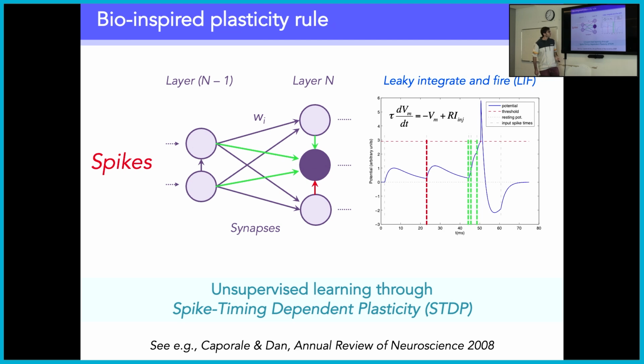Sometimes, when different spikes come together to the neuron, the membrane potential accumulates up to a threshold value, given here by the dotted red line. In this case, because the threshold is passed, the neuron triggers an action potential and sends the spike to the rest of the network.